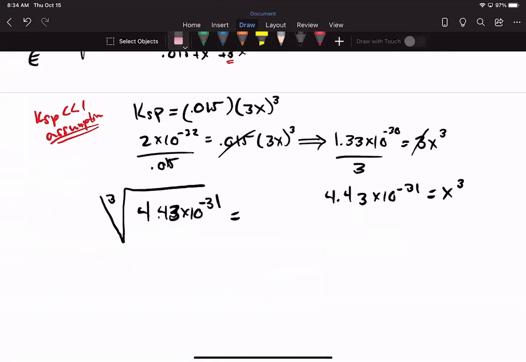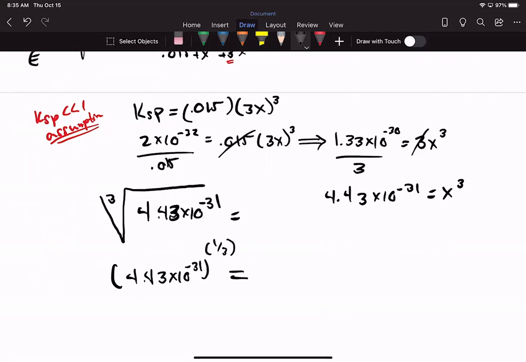And the other way to do this is if you put in parentheses here, 4.43 times 10 to the minus 31. And then I also put these in parentheses, even though my calculator is pretty fancy, to the 1/3. And that can also give you a cube root if you don't have the cube root button there.